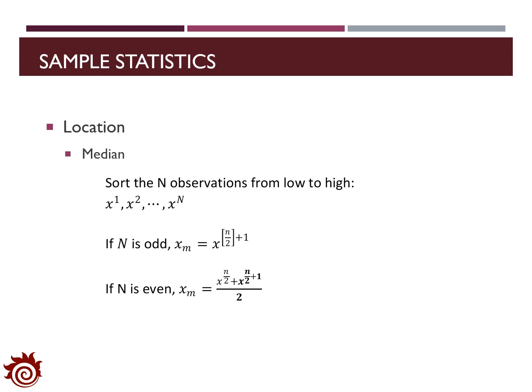And if n is even, then the median will be x n over 2 plus x (n over 2 plus 1), over 2. That will be the average value of the two observations in the middle.